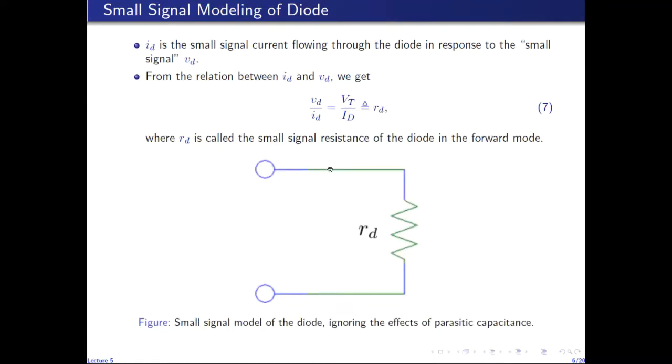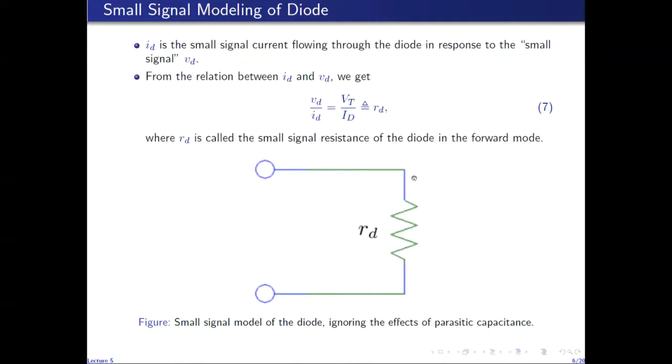So in response to vd, the diode acts as a resistance because vd is given by id times rd. When the diode is excited with an AC source, it behaves like a resistance because its forward bias current is related to the forward bias voltage through rd.